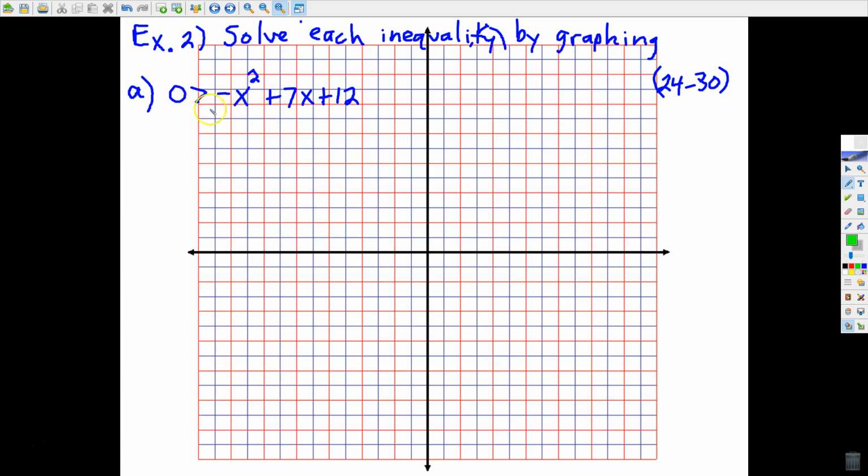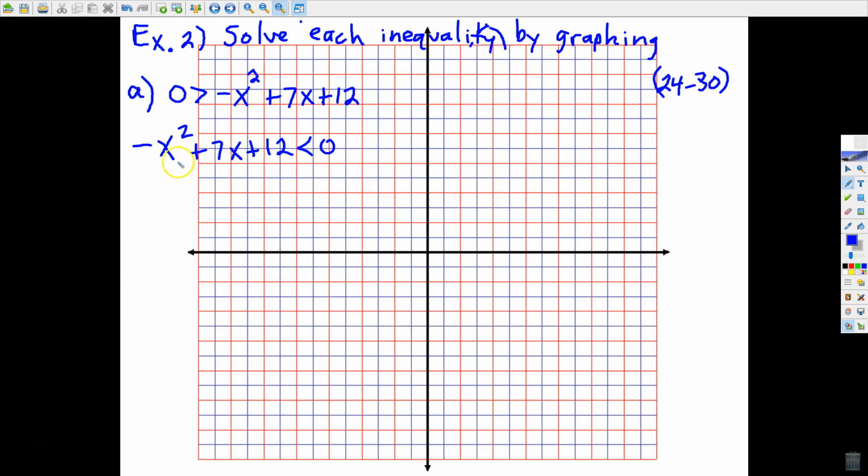Okay, so first thing I'm going to do, just because this is a preference for me, I'm kind of a linear thinker, I guess, so I'm just going to turn this around. I prefer to see this in this form. And it says 0 is greater than that, so I'm just going to make it that is less than 0.